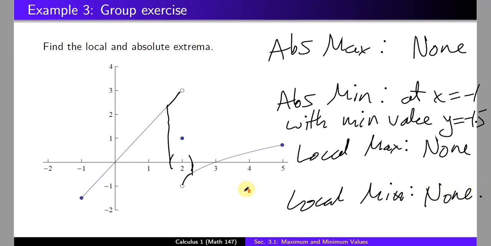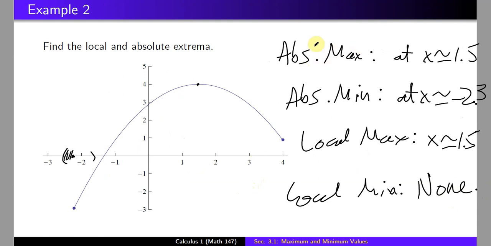The problem here, so why did we get absolute maxes and mins in the last example but not in example 3? Look at what we had. We had a continuous function on a closed interval. It's on a closed interval because its domain is from -2.3 to 4.